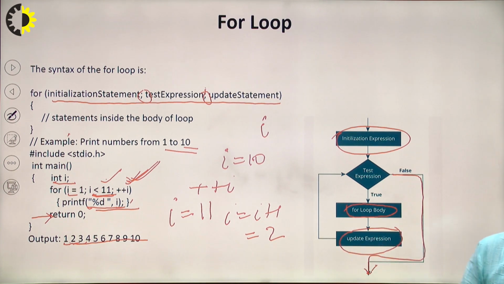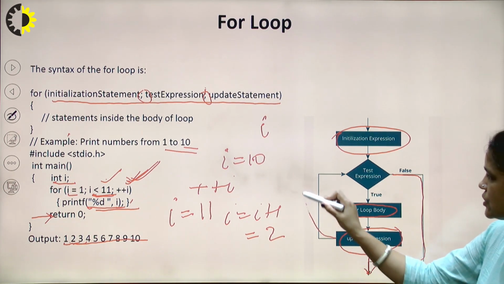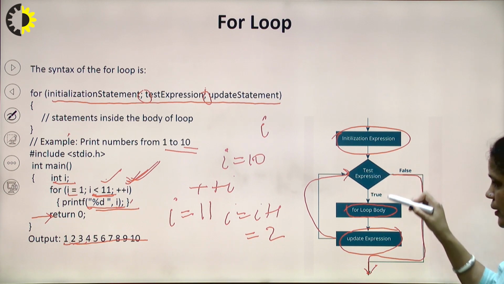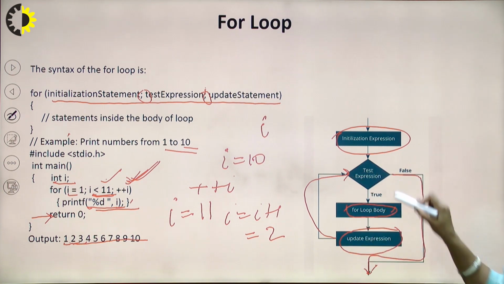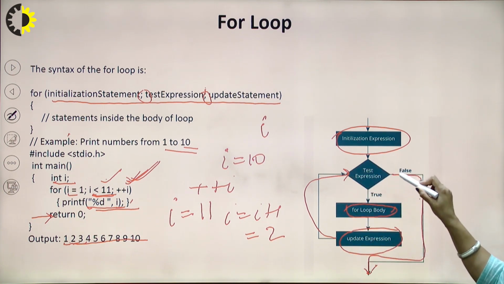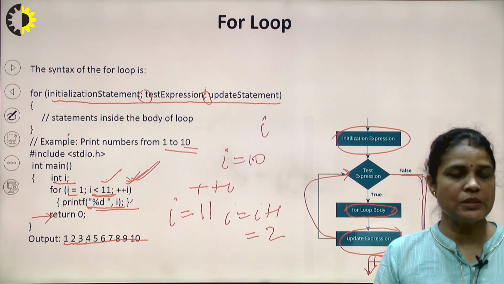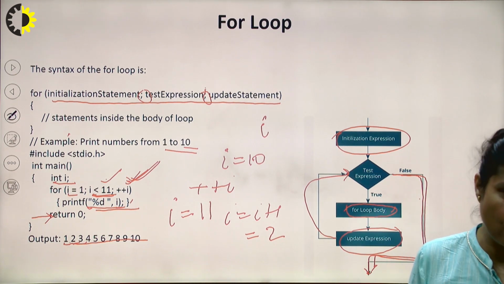It means the loop counter will be updated for the next iteration, and then the condition is checked again. If the condition is true, then the next iteration will be executed, then the counter will be updated, and so on, until this expression becomes false. In this way, we can execute the same set of statements repeatedly until the condition goes false.